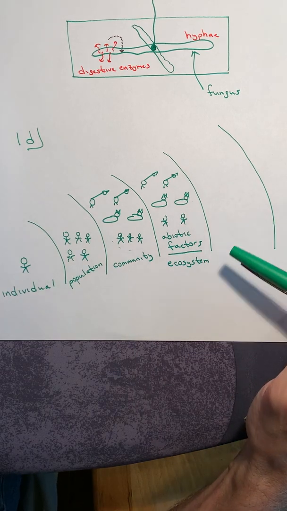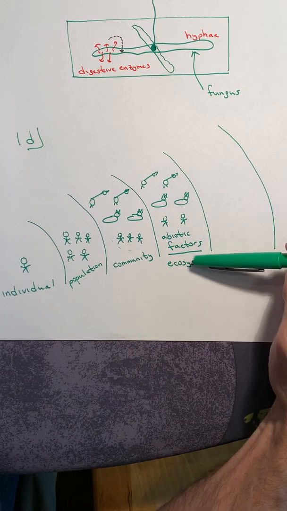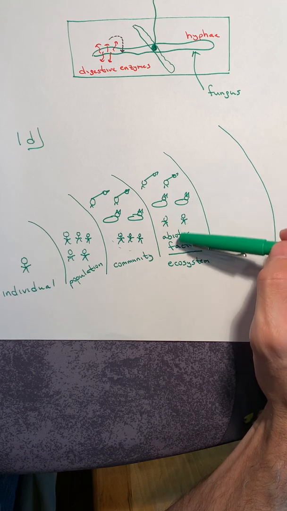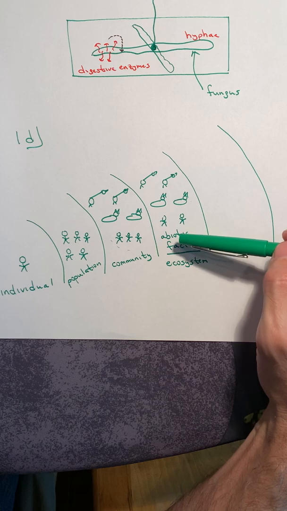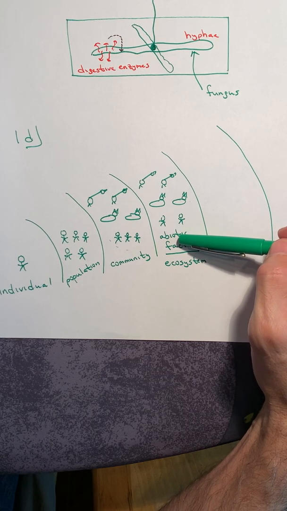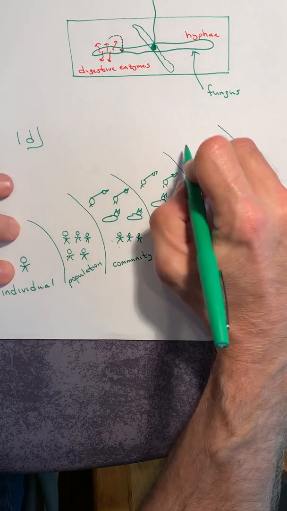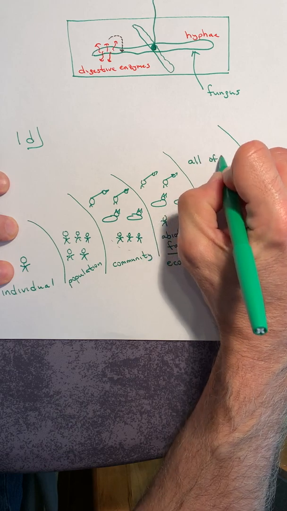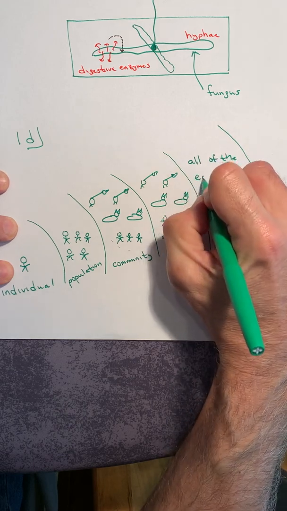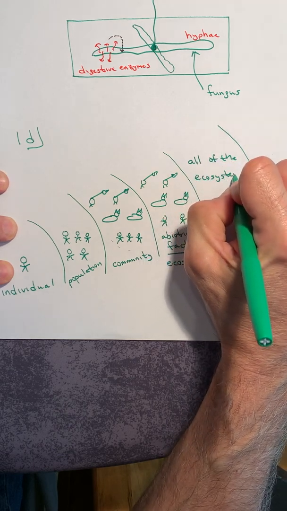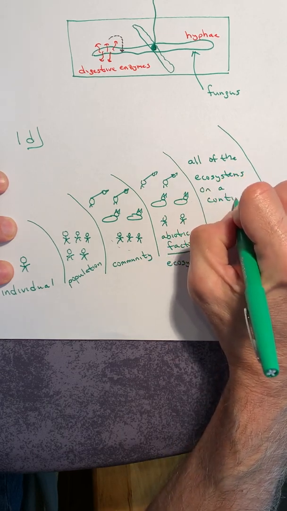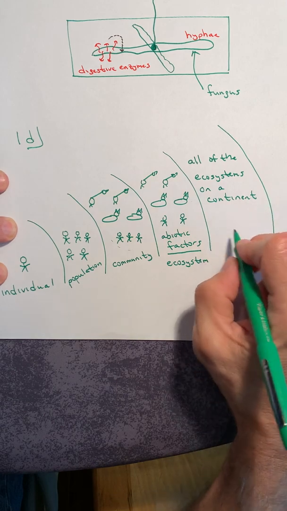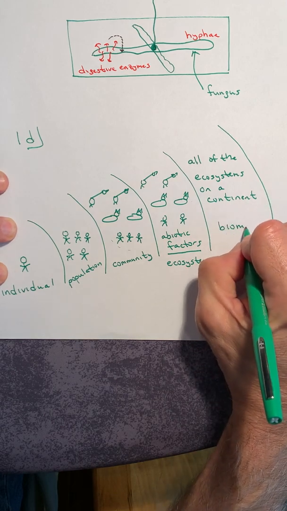So now when you have the community interacting with the abiotic factors, that's by definition an ecosystem. So an ecosystem is composed of the community interacting with the abiotic factors. This could be the soil, the sunlight, the water. Well, then if you take all of the ecosystems on a continent, by definition, that is a biome.